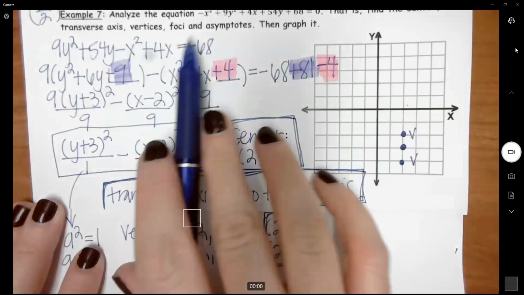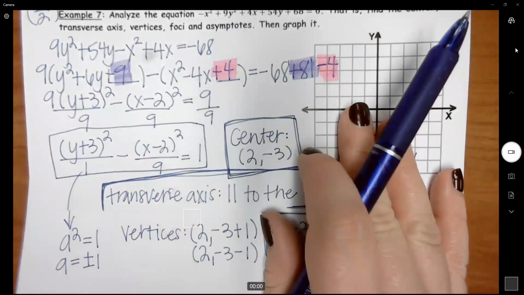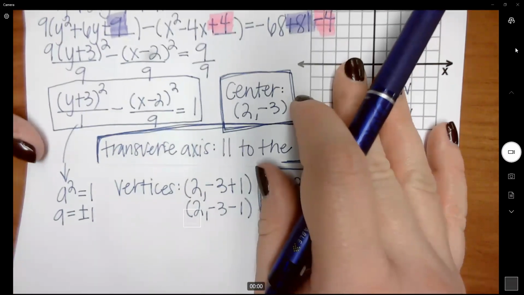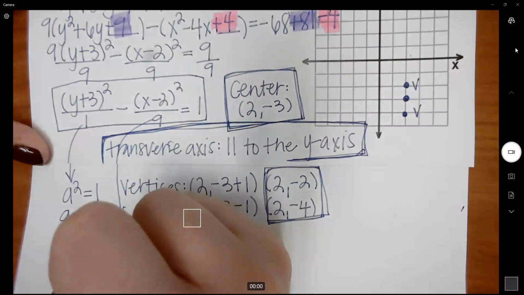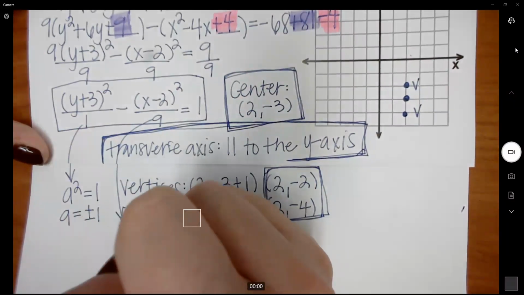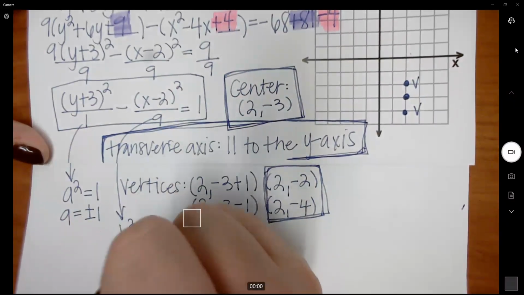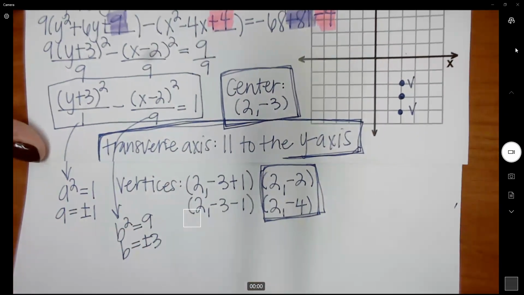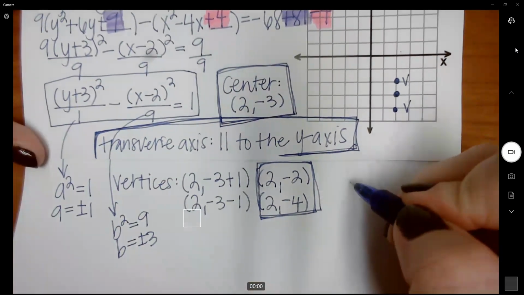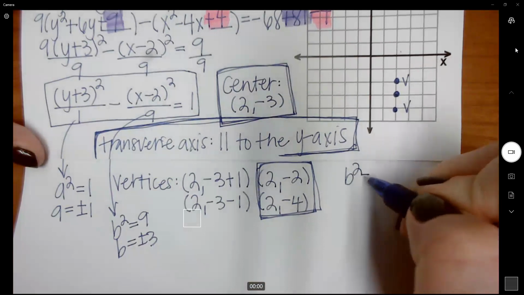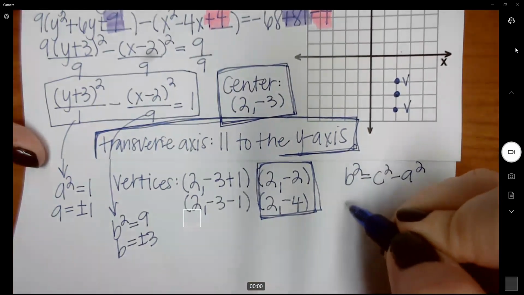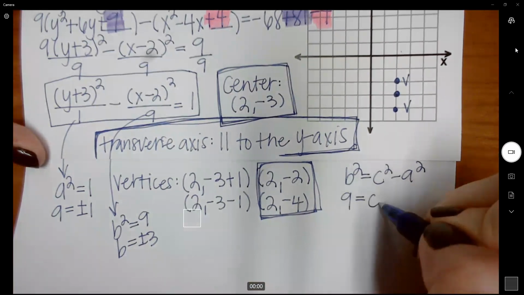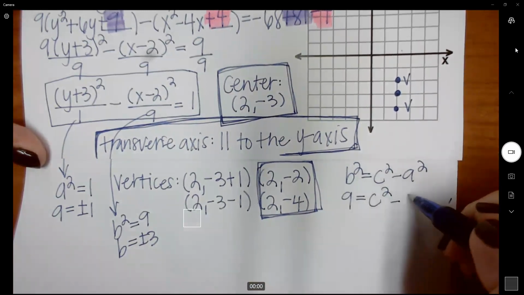Okay, now I need focus and asymptote. Focus is C, and I don't have C. What I have is B. So here we have B squared equals 9. So therefore B is plus or minus 3. So I'm going to use my formula of B squared equals C squared minus A squared. My B squared is 9. Don't know C squared, and A squared is 1.